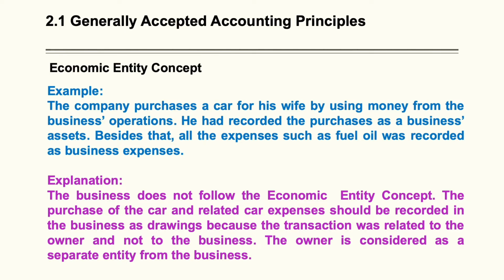Why? Because this business does not follow the economic entity concept. The purchase of the car and all the related car expenses should be recorded in the business as drawings, because the transaction was related to the owner and not to the business. The owner is considered a separate entity from the business.